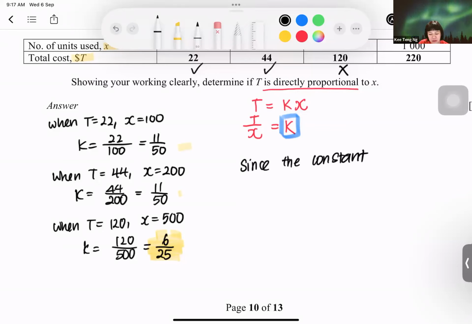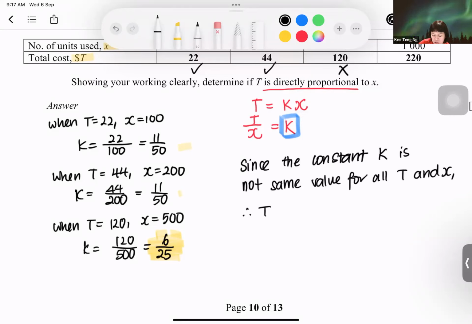Since the constant k is not the same value for all t and x, therefore the answer to the question is that t is not directly proportional to x.